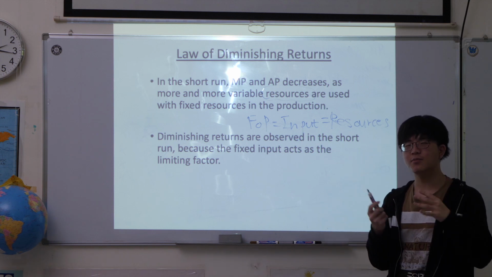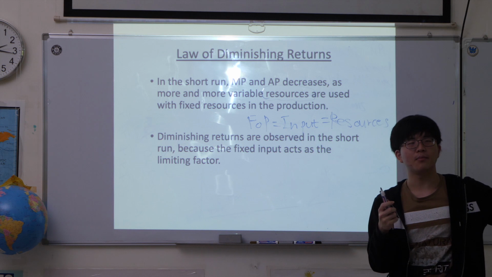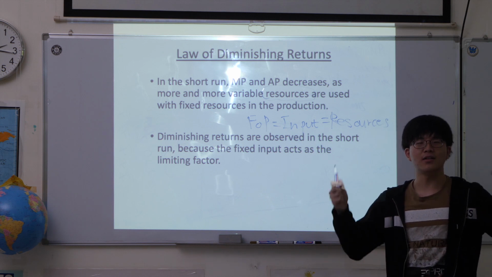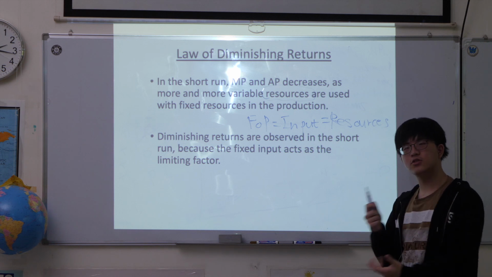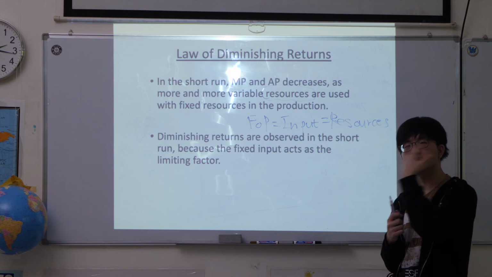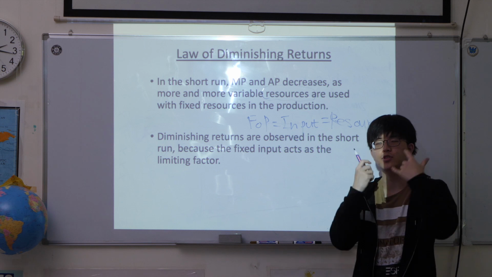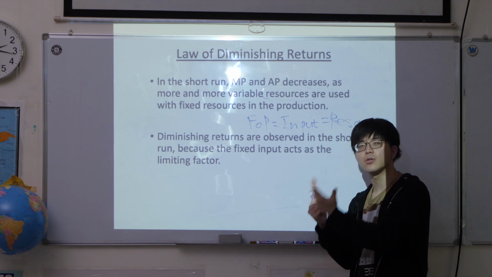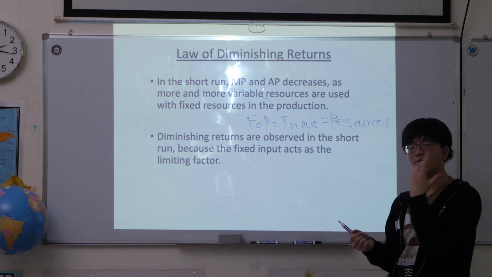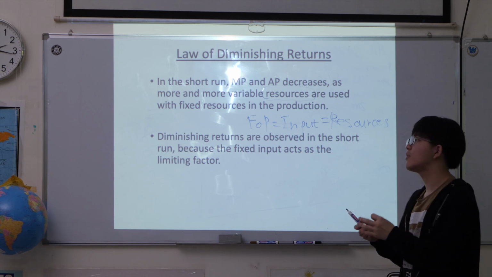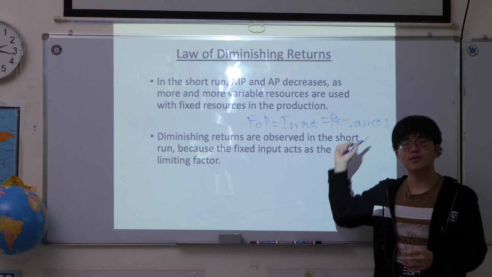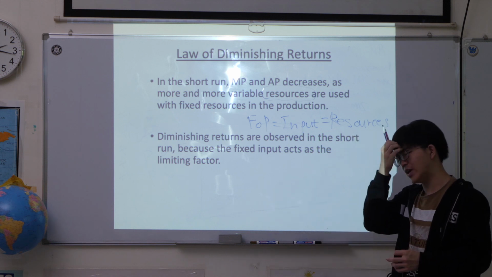However, we cannot buy an unlimited amount of land, even if we have a lot of money, because we need to make a new contract. We need a long time to change this. We should have time to change our resource, land. Therefore, land is a fixed resource. However, labor and capital are variable resources or variable inputs.